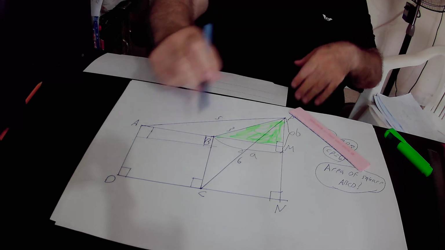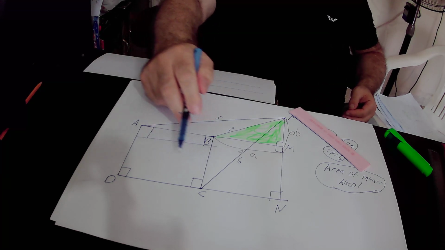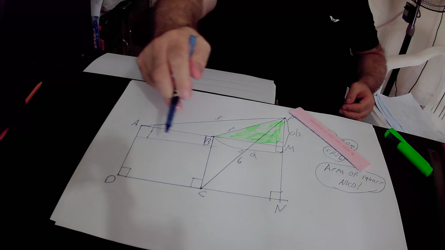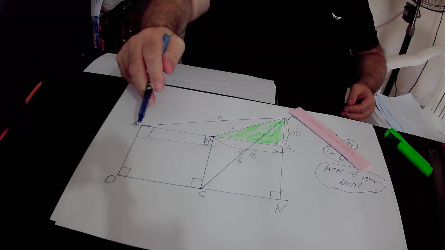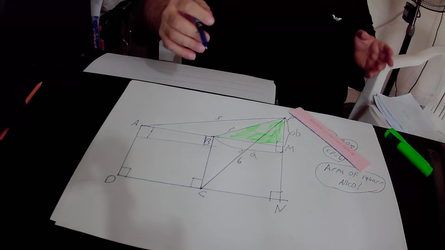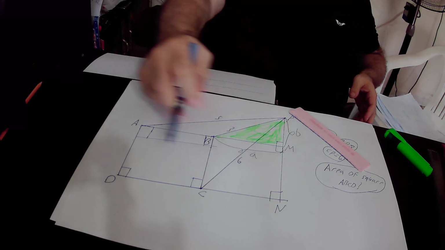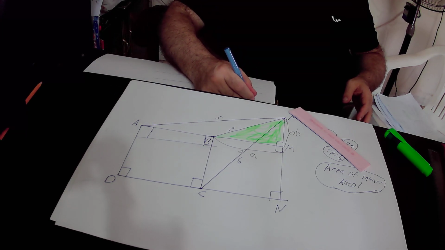DC is a straight line, and when we extend a straight line DC by a straight line, the result is DN. And when you extend a straight line by a straight line, the result must be a straight line. So the result, that is DN, must be a straight line. I write it down, DN is a straight line.